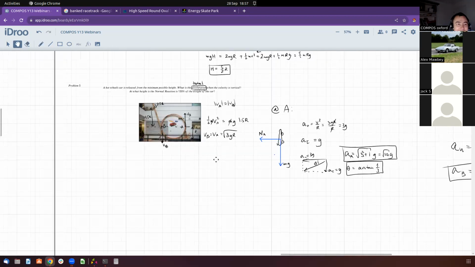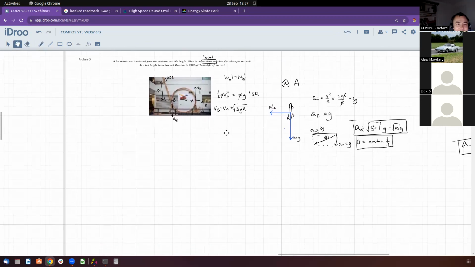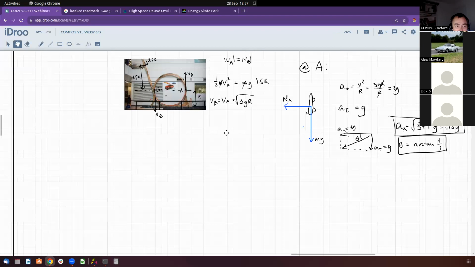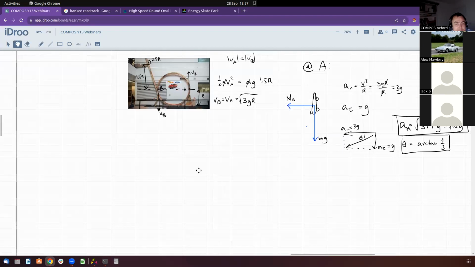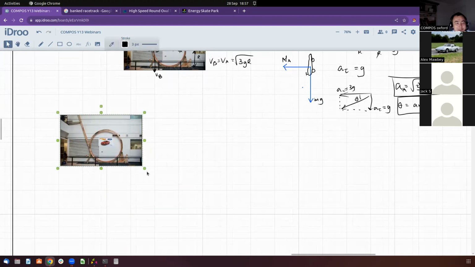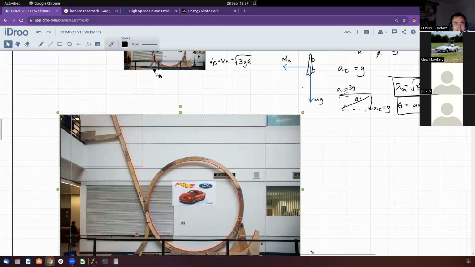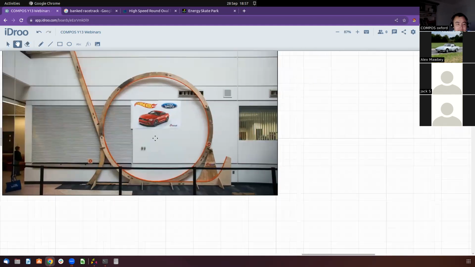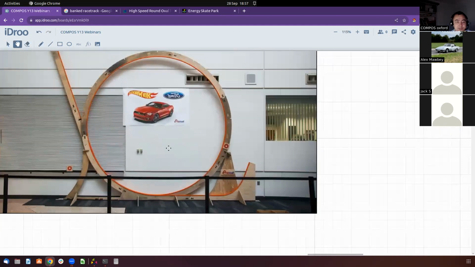Now, at what height is the normal reaction 150% of the weight of the car? And for this, we need to talk. One of the questions in the assignment is about the aero sled, and this is sort of what we need to do.